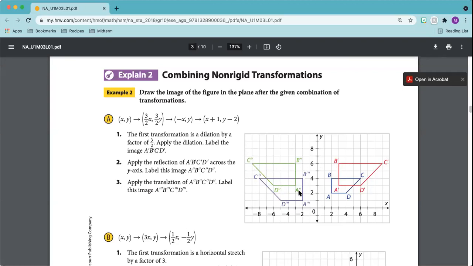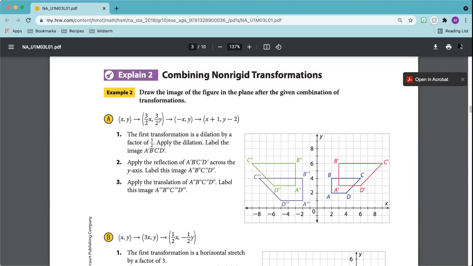And that becomes A double prime, B double prime, C double prime, and D double prime. So far, so good? Yes? And then the last transformation is just a slide of 1 to the right and down 2. So like I have C here, goes over to -8 and down 2. Are we good?